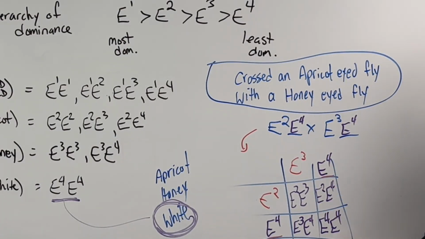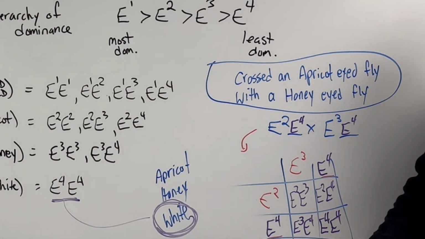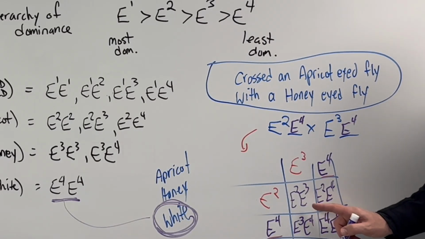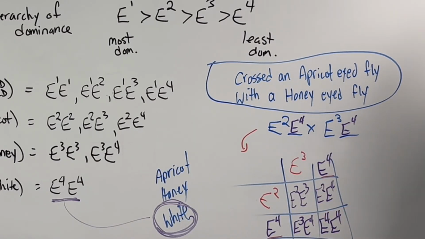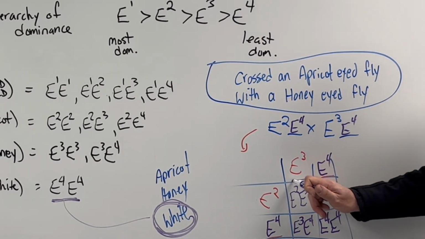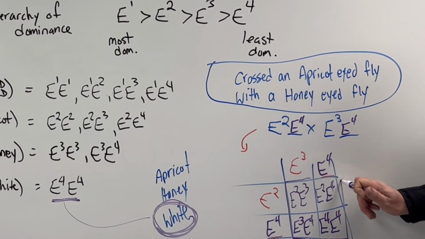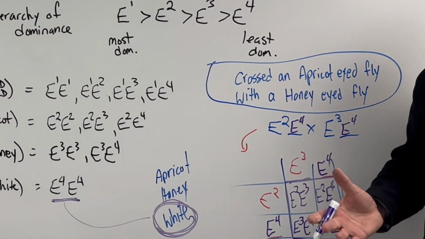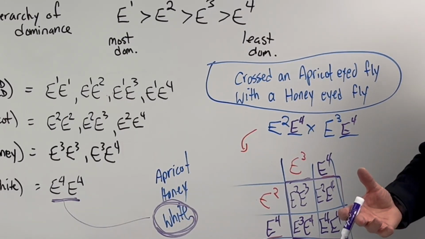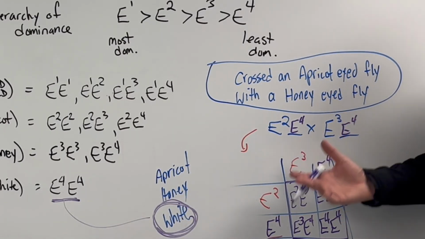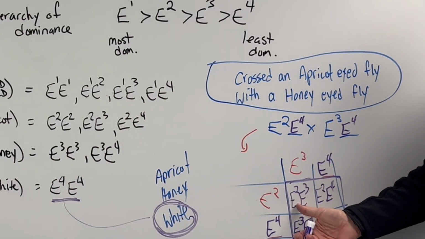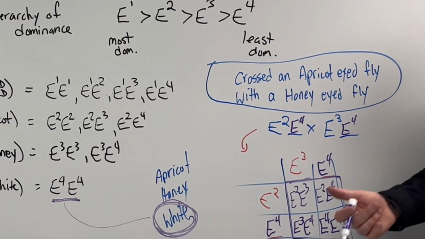Now, this does not say they had 4 babies and one was this and one was that. It does not say that. Remember, this is just a probability generator to tell me for every baby they have, what are the chances that it will be apricot? Or honey?